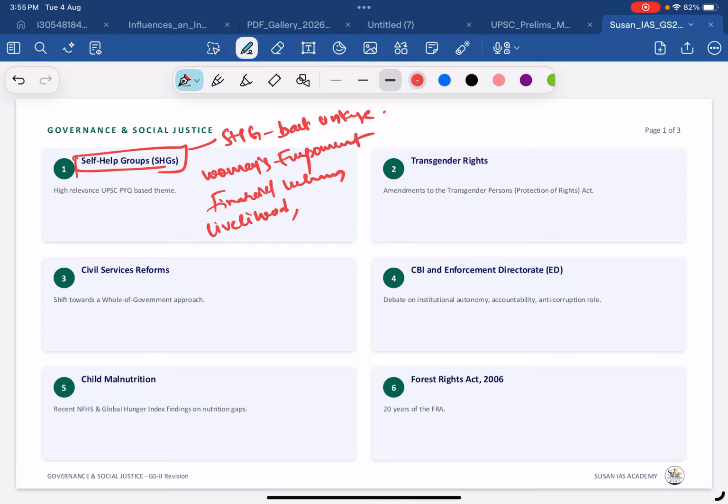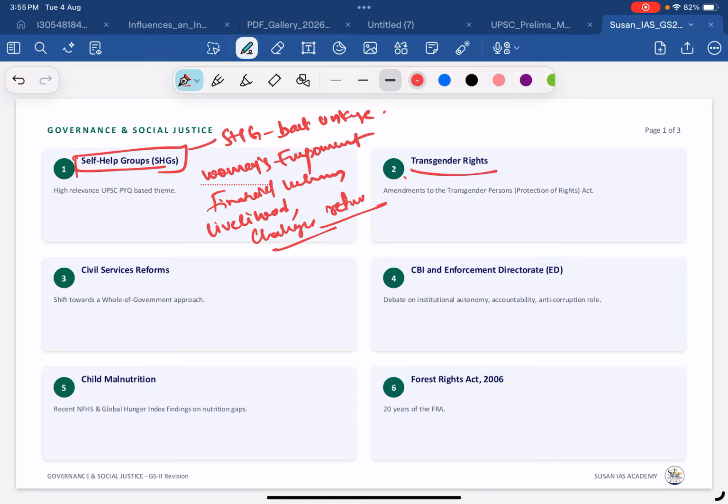The Kudumbashree model from Kerala, you can refer, right, challenges, Lakhpati Didi, and also Bihar. Challenges and reforms. So under self-help groups, this is the most important and expected topic every year, one has to read this topic.